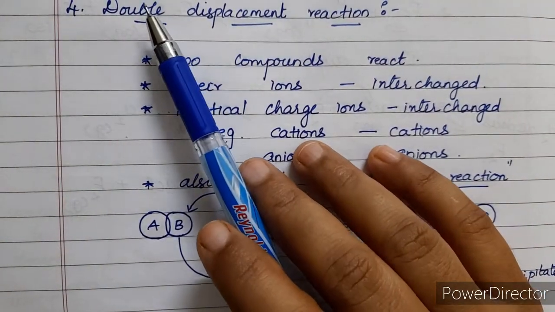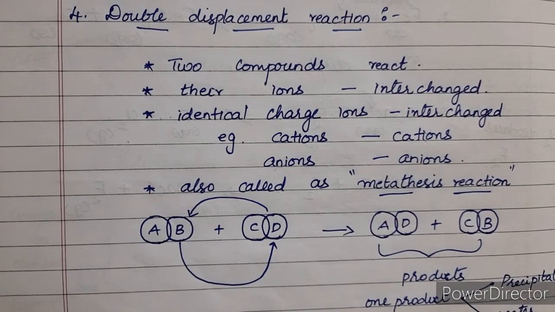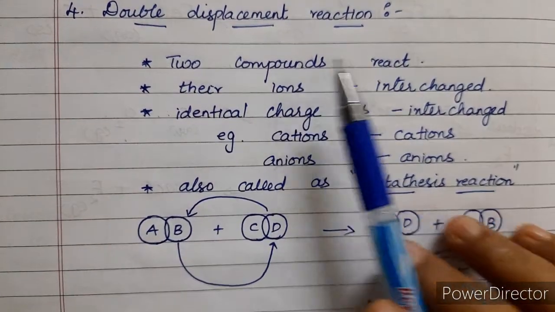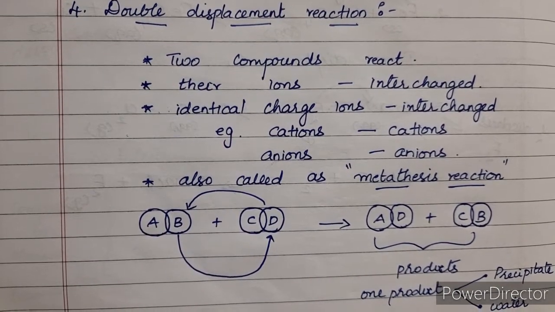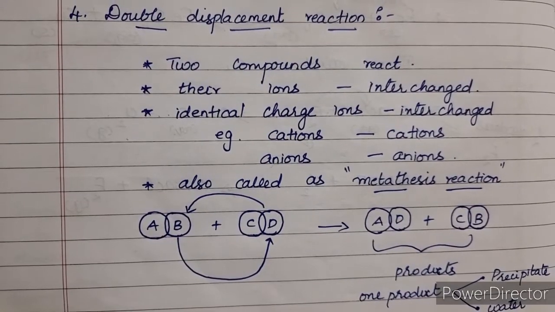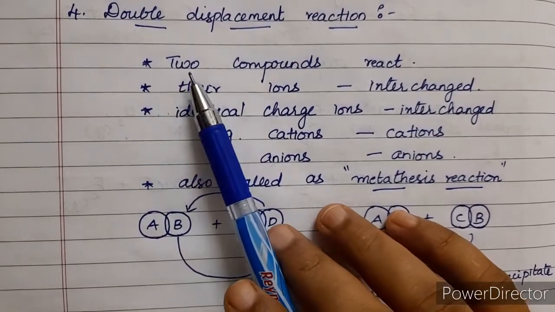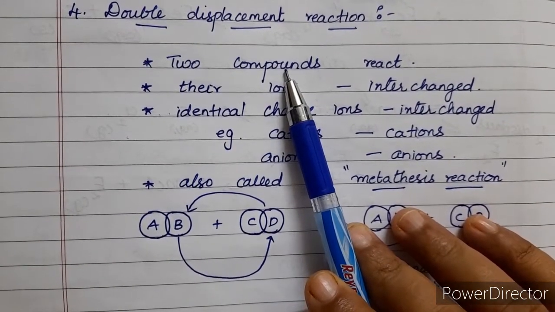The next one is the double displacement reaction. In a double displacement reaction, two compounds react. In a single displacement reaction, we said that one element combines with another compound to give a compound plus an element, isn't it? Here two compounds combine in the double displacement reaction.